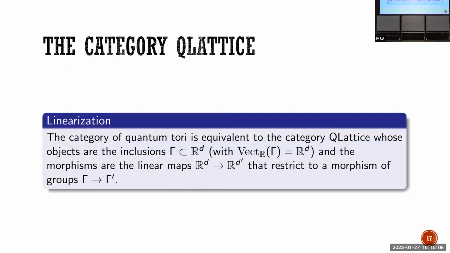These are very nice, there are abelian things. In any case, I can think of them as abelian groups or abelian Picard stacks. And the category of quantum tori is equivalent to the category of quantum lattices, whose objects are inclusions of gamma into R^D, and the morphisms are linear maps that restrict to morphisms of quantum lattices. And this is a linearization theory.